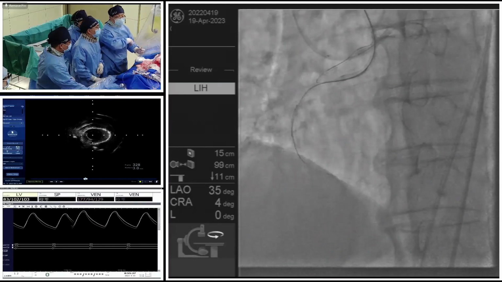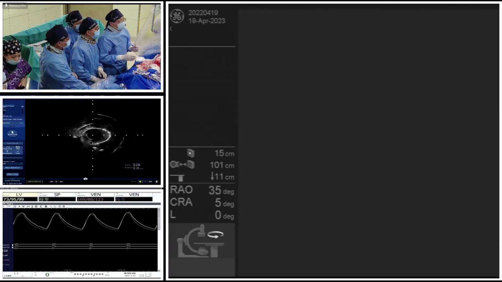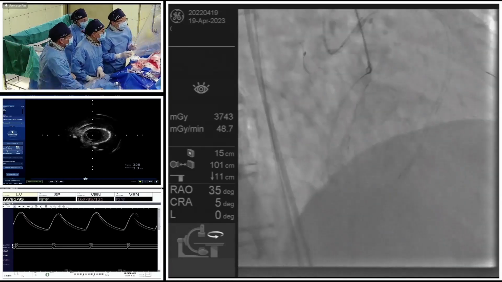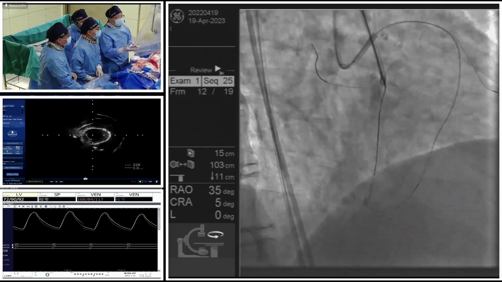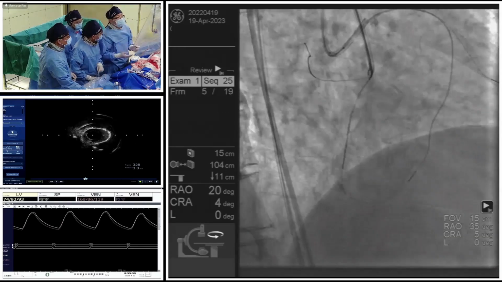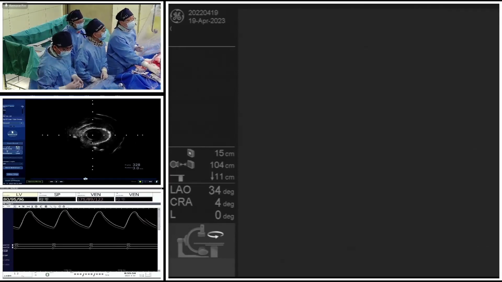Okay, RAO view. You can see the two wires are very close, almost at the same location from different projections. So the orthogonal different view is very important.